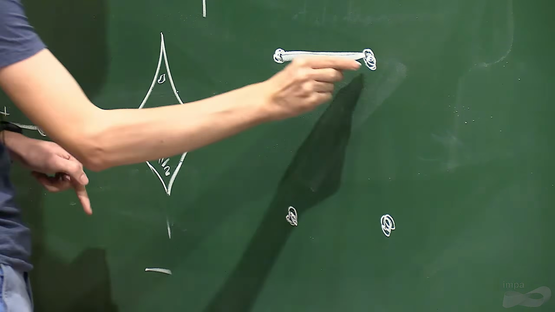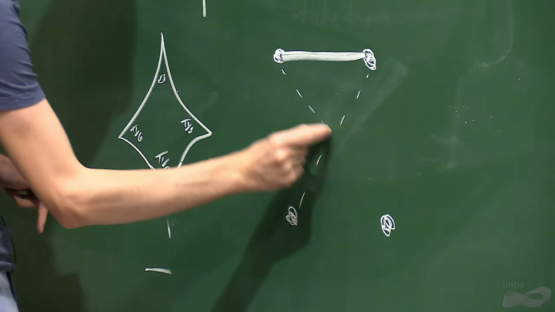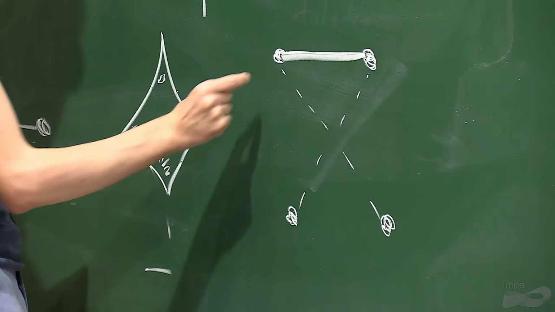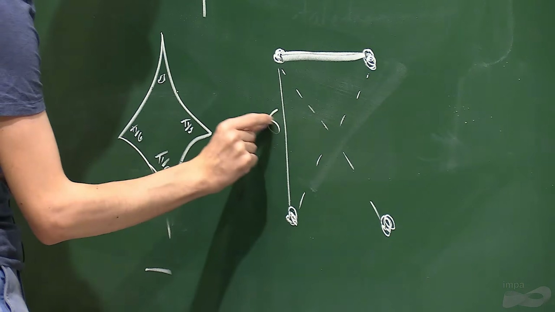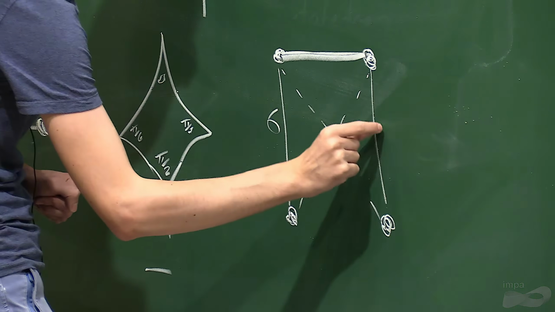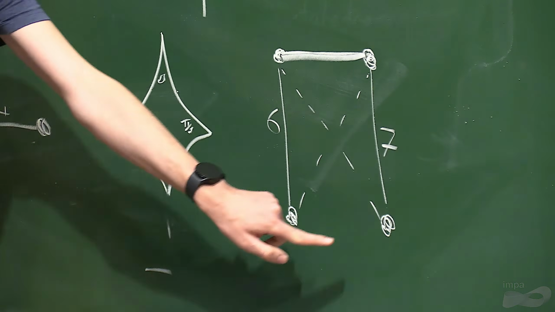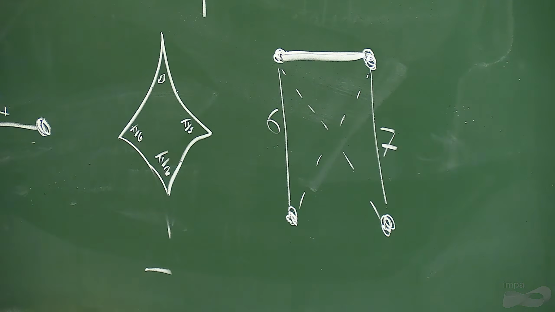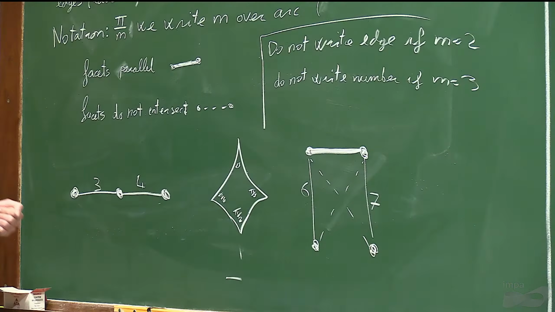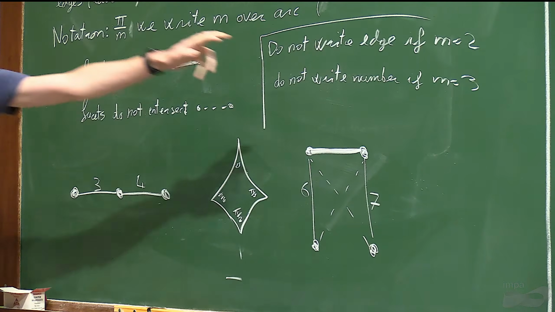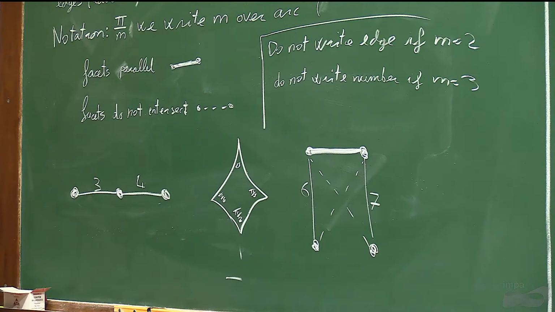These 2 do not meet, so this is dotted, this is dotted. This will have a 6 written over it, this will have a 7, and this should have a 2, but I will not write it, because usually there are many 2s and many 3s, so it's a way to save space and make it legible.